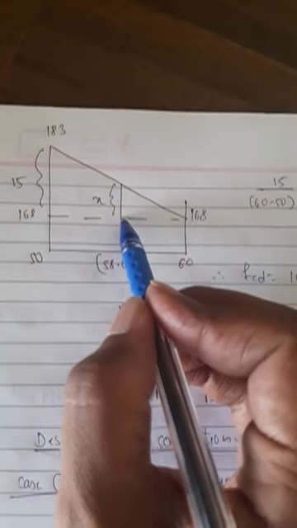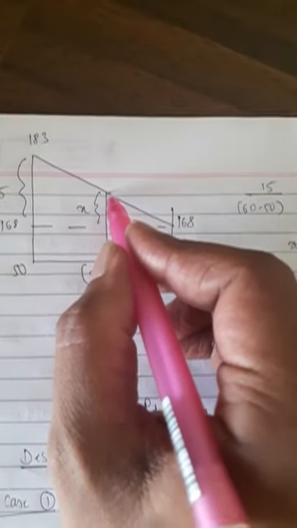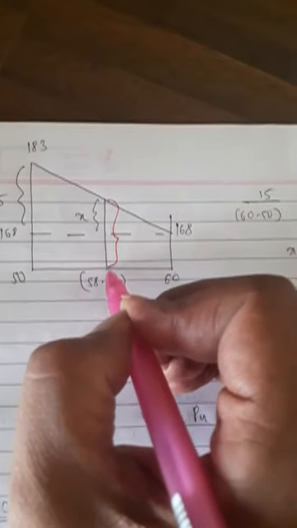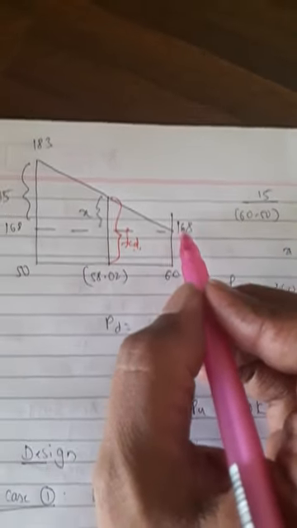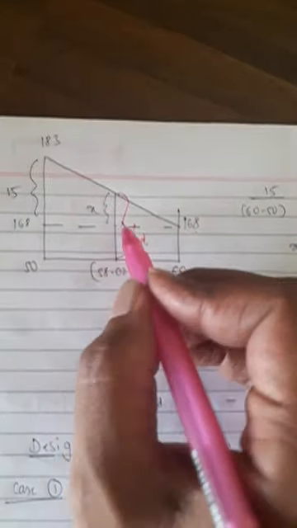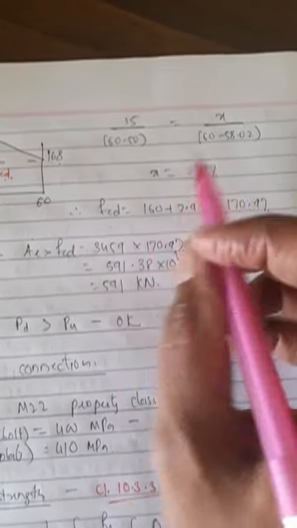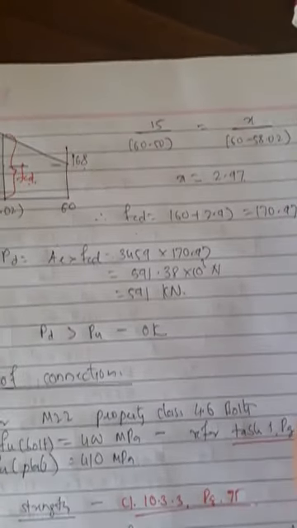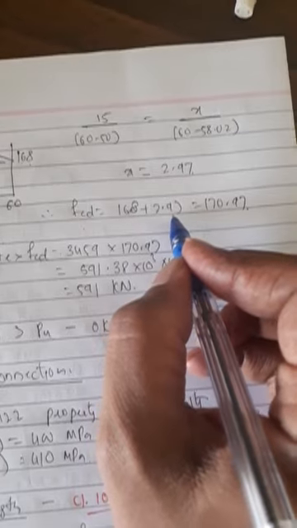Remember this value is 2.97 and this is the whole FCD which I want. So FCD is equal to 168 plus x. 168 plus x, 2.97.